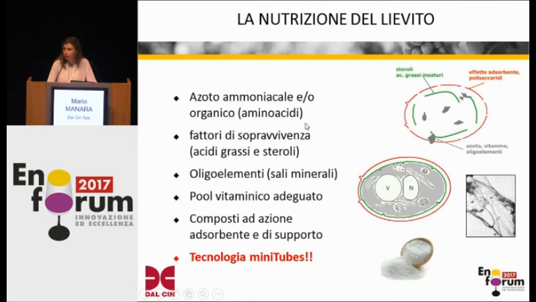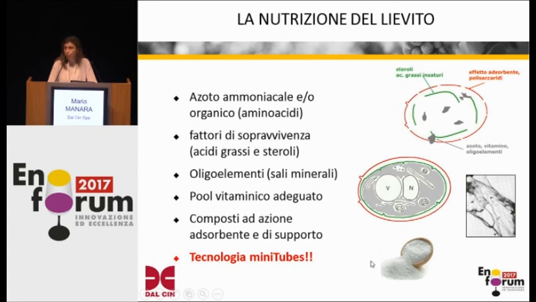This is the slide I had shown to you at the beginning, because it summarizes all the things that yeasts need to carry out alcoholic fermentation correctly. The interesting thing is that all the raw materials that are needed by the yeast to produce nutrients for the yeast, well, actually we managed to combine them with the Mini Tubes technology.